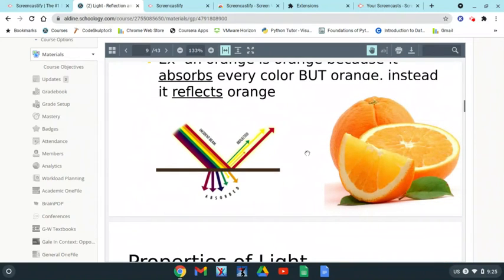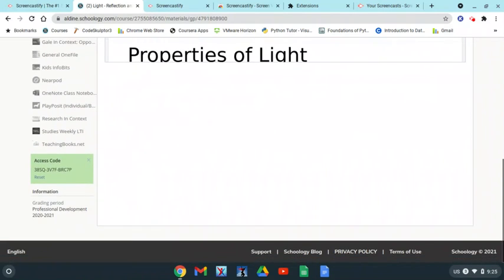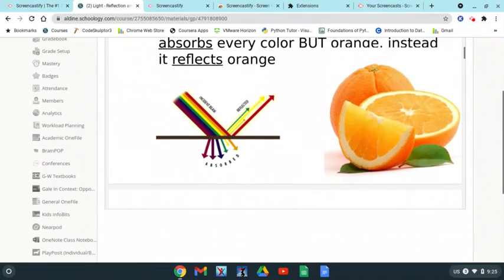What creates color. So when you see an orange, it's basically made up of all colors but orange. The orange is reflected back, and you see all of those colors. And so things are really the opposite of the color they appear to be, or at least have frequencies that are opposite to it.